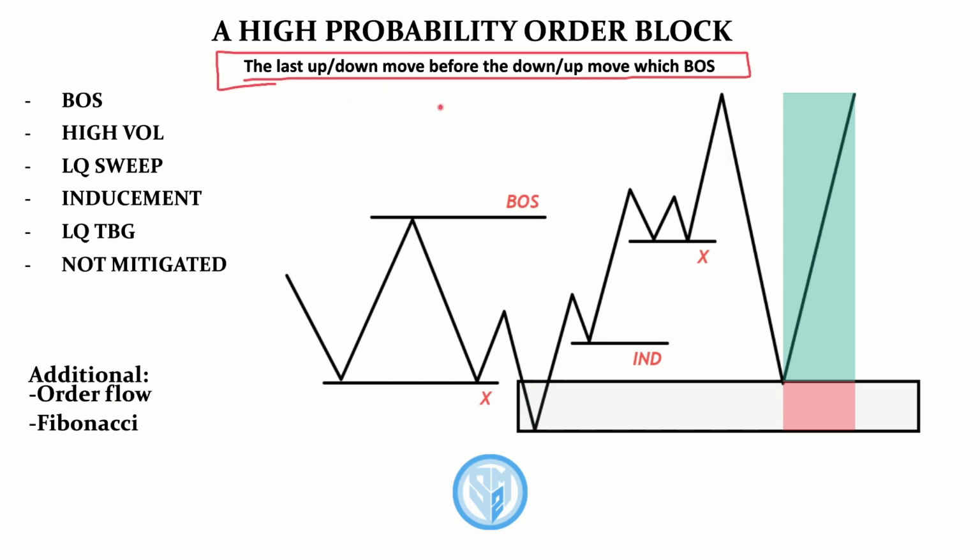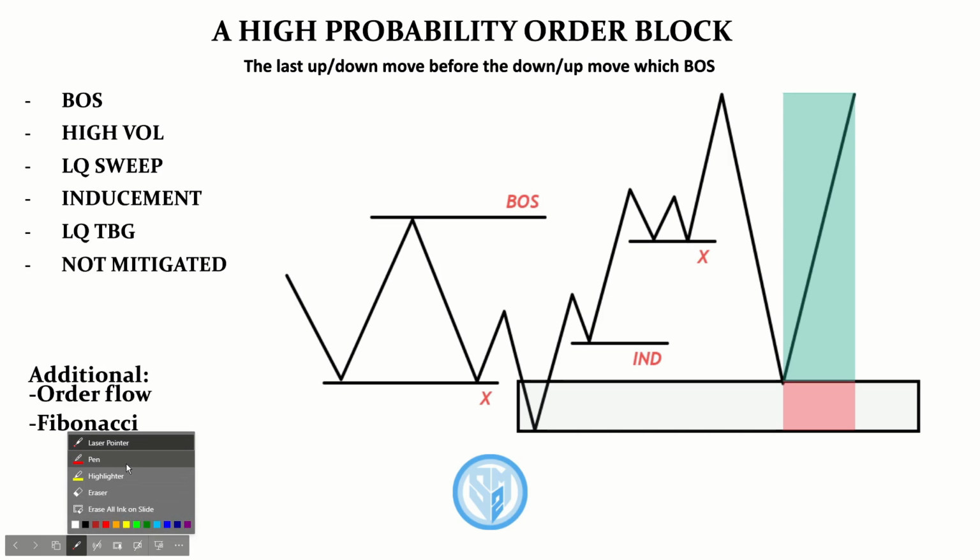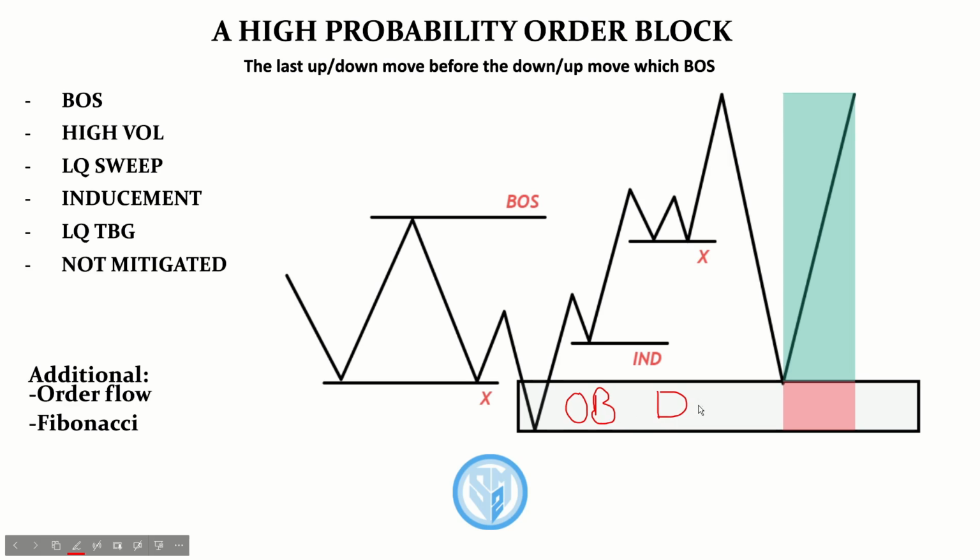Now to put these words into a diagram, let's take our attention over here. So in this scenario, we have this box which is representing our order block. And how do we mark up the order block? First of all, let's just identify this as our OB. And in this case, when we have a buy order block, we call this a demand zone, right? And we identify this by using this definition.